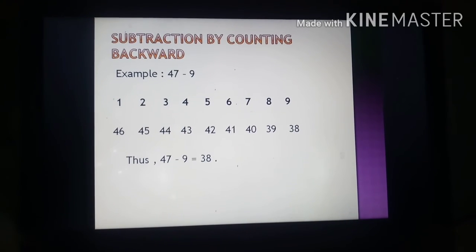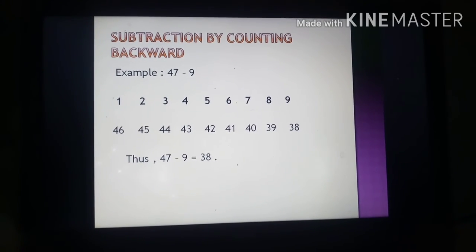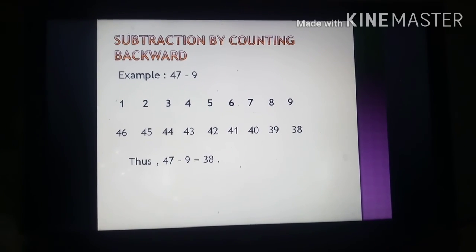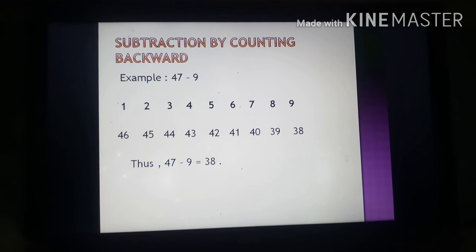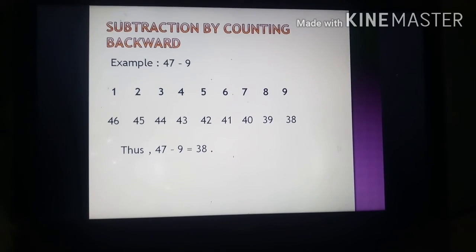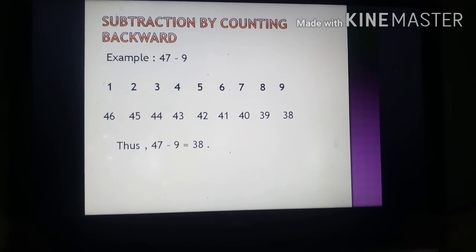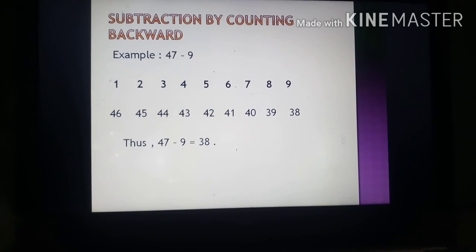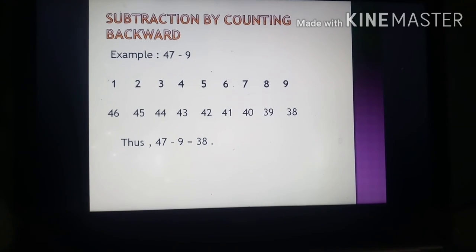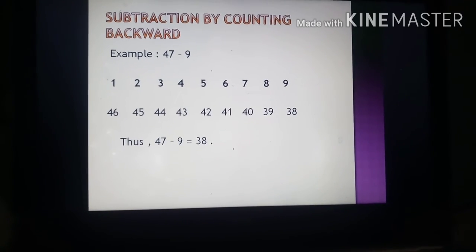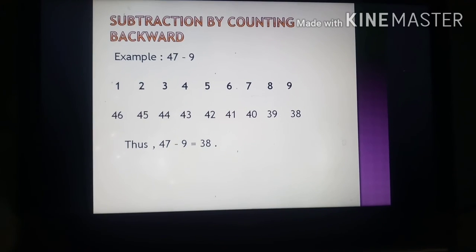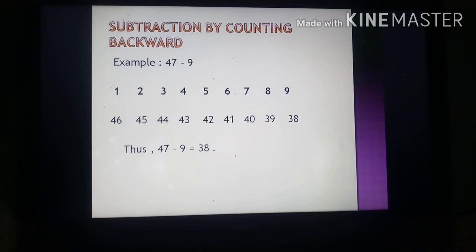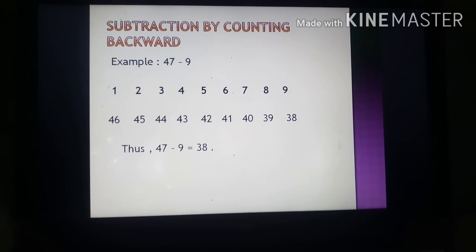We will take 9 steps backward, like 46, 45, 44, 43, 42, 41, 40, 39 and 38. Meaning 9 steps we have taken backward. Thus, the answer will be 38. 47 minus 9, answer is 38.